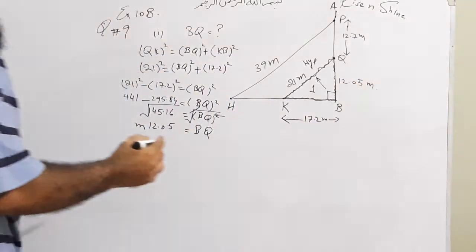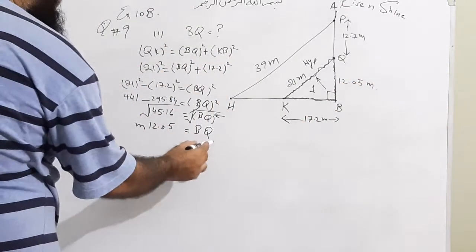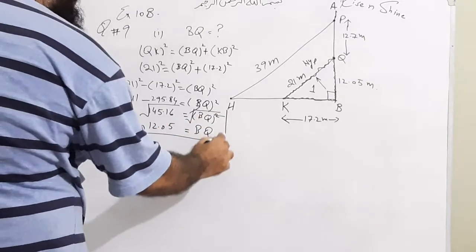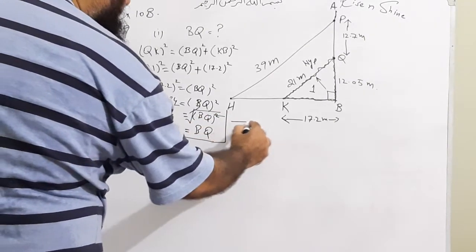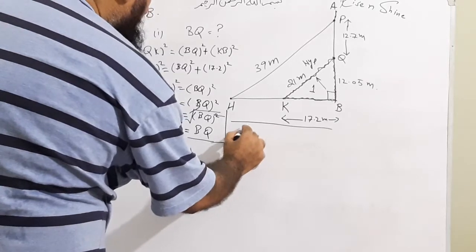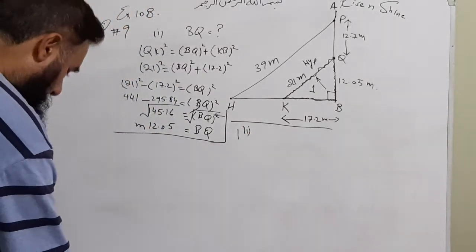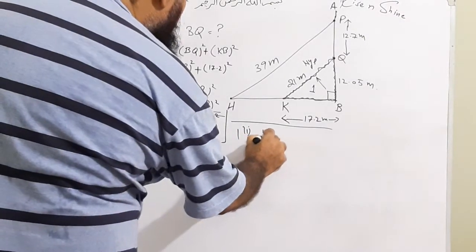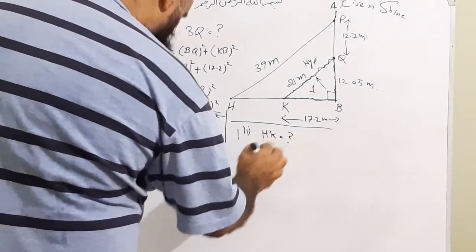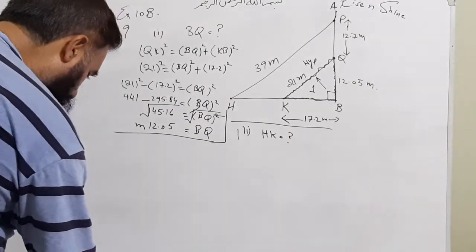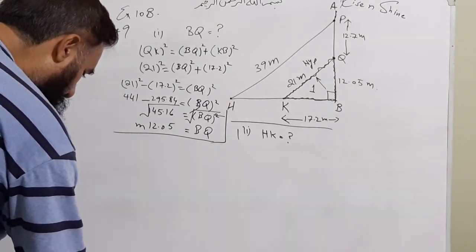The second part of the question says HK, we need to find HK. The distance between the projections of the light beams.